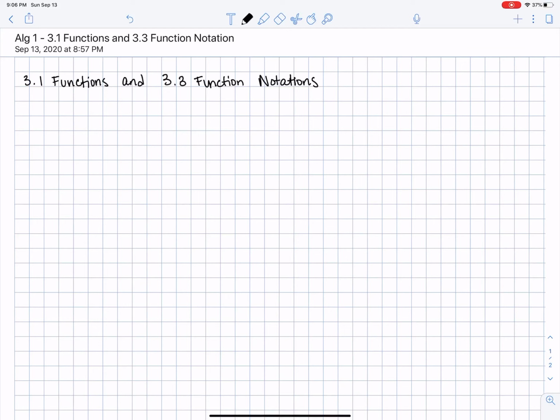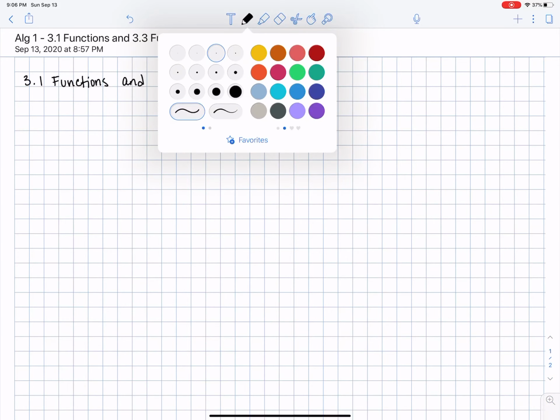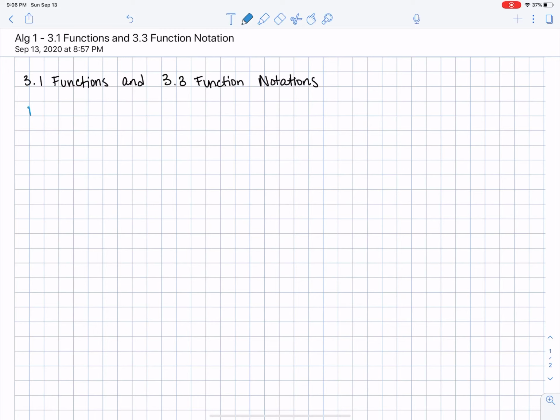But before we talk about functions, we need to talk a little bit about a thing called relations. And it's exactly what you think, right? It is two things that are paired together. It's kind of like a relationship, right? So relations. And in math, we talk about it in terms of inputs and outputs.